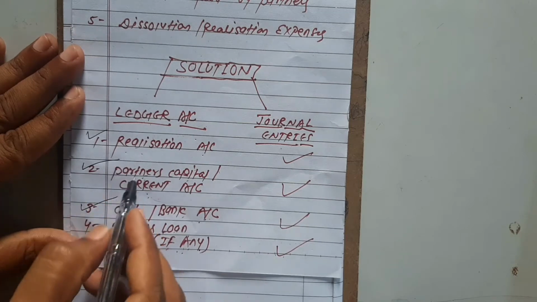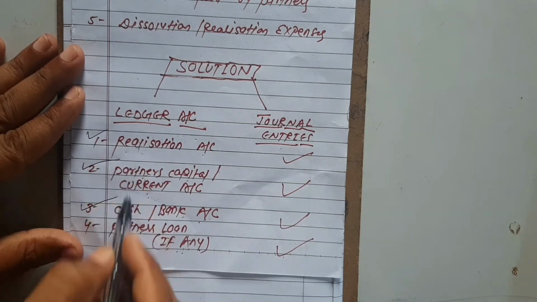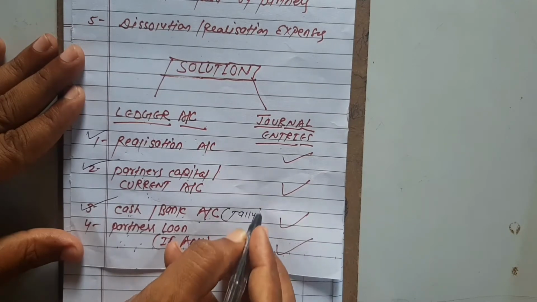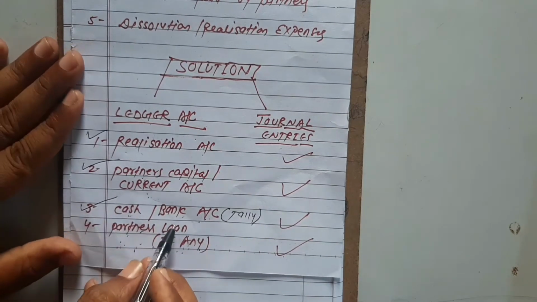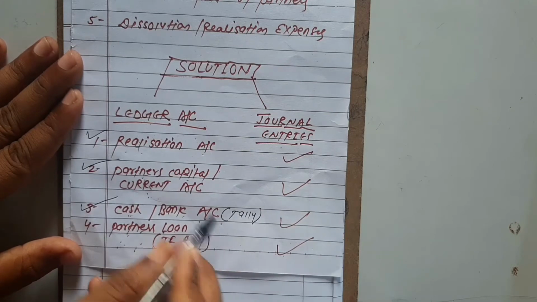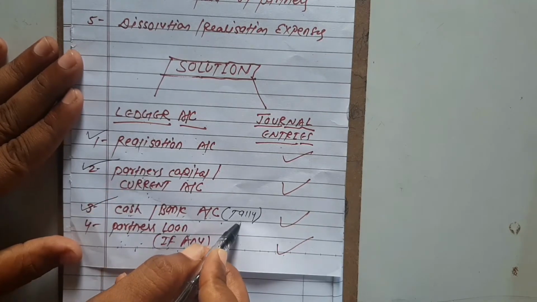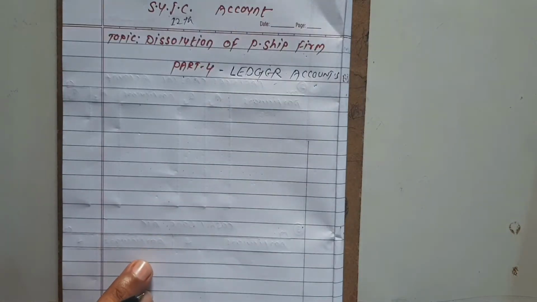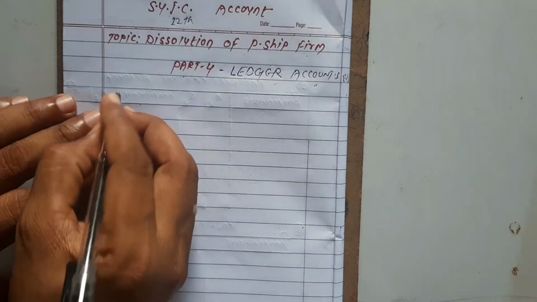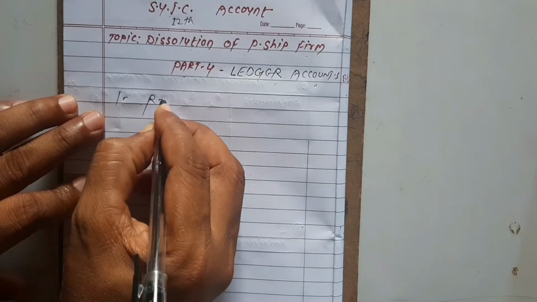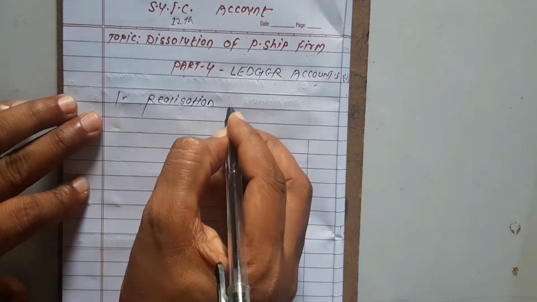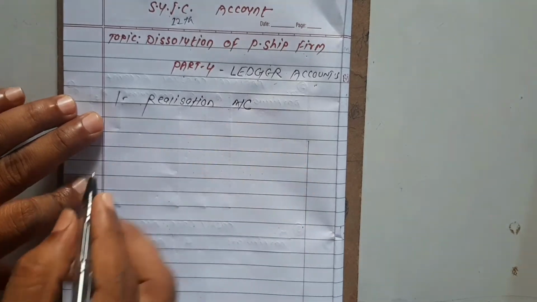If any loans are given related to partners, then only we have to prepare partner's loan account. Okay, then out of these four, your cash and bank account must tally. If your cash and bank account tallies, it means you are 100% correct. So now let's discuss the ledger accounts once again. Number 1 is the realization account.